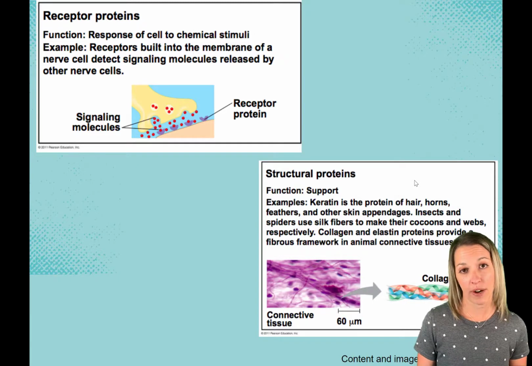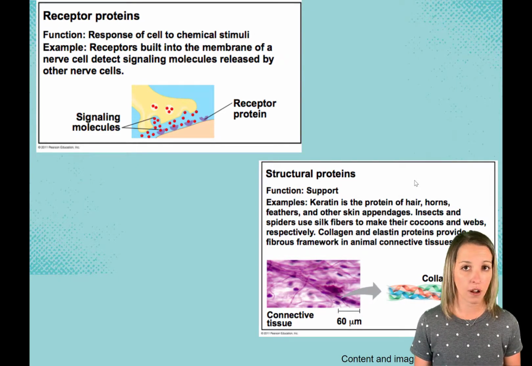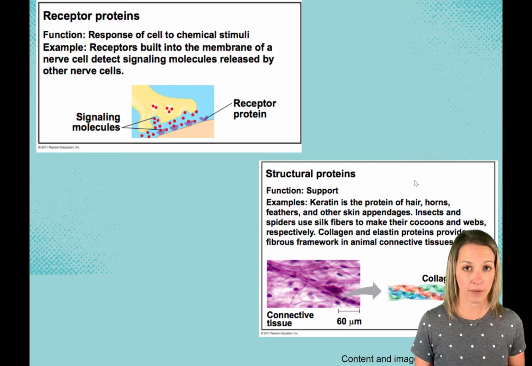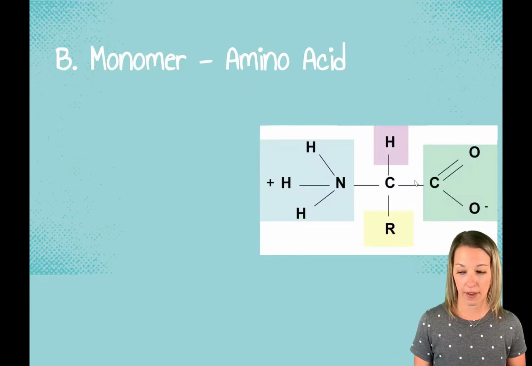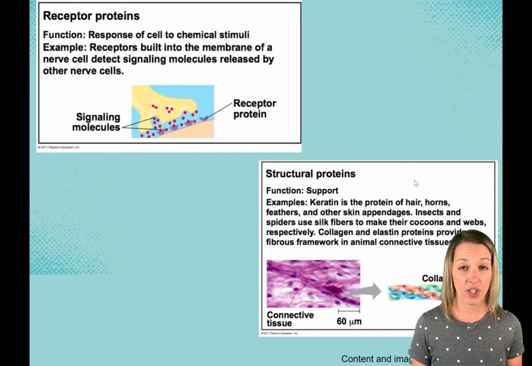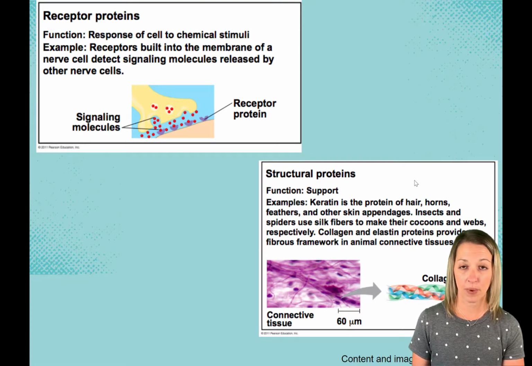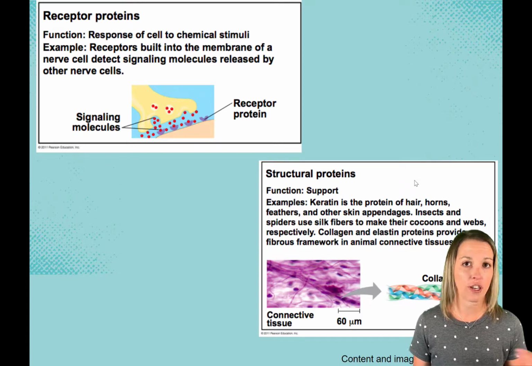They also provide support in terms of the fact that they can be structural proteins, so things like keratin and collagen, which are found in our hair and in our skin, are examples of structural or supportive proteins. And that's the list of all of the functions that proteins can have. So again, they are extremely diverse in terms of their function and in their structure.